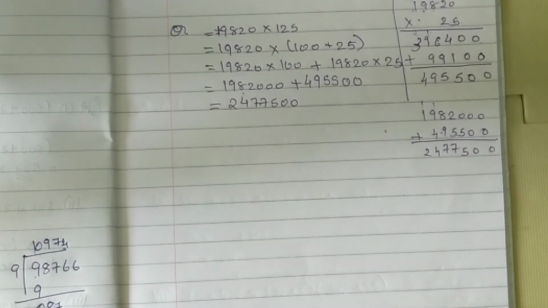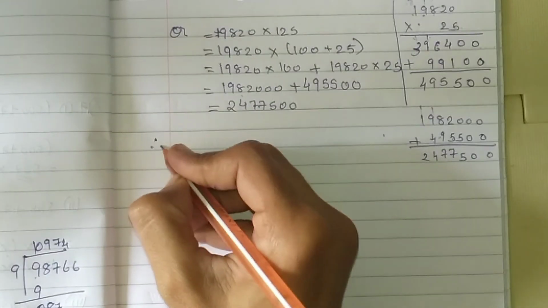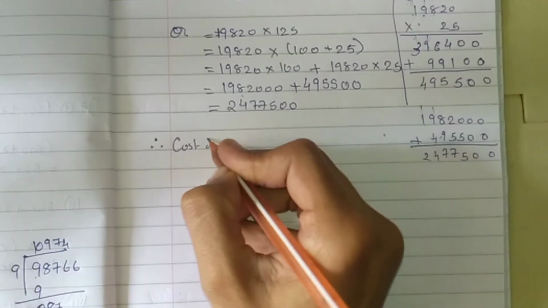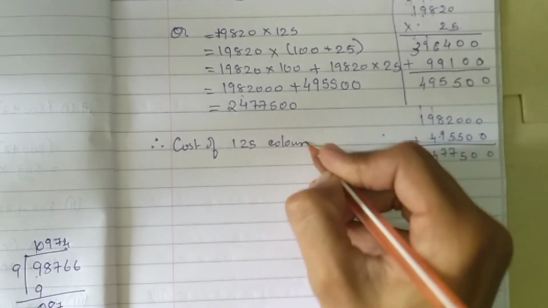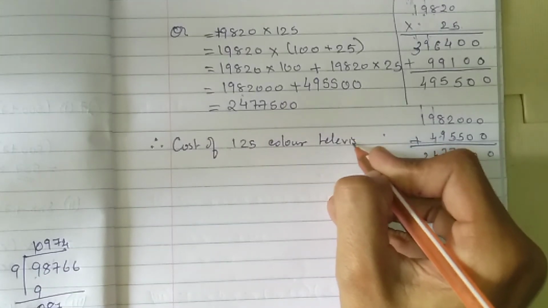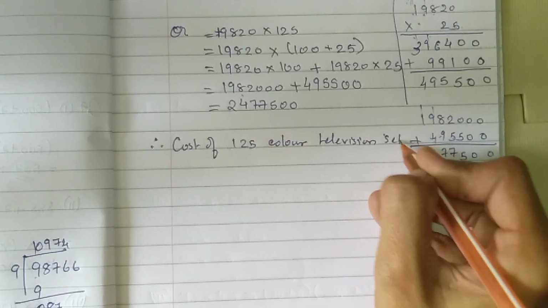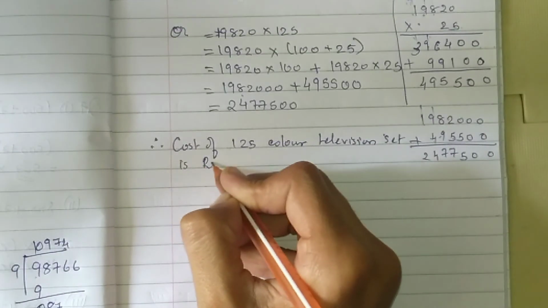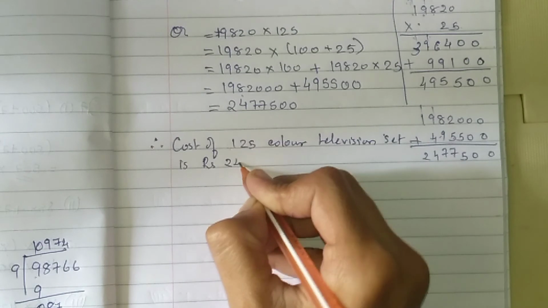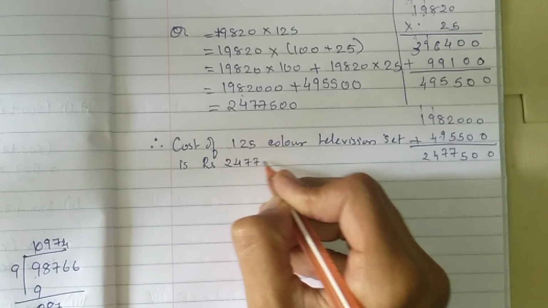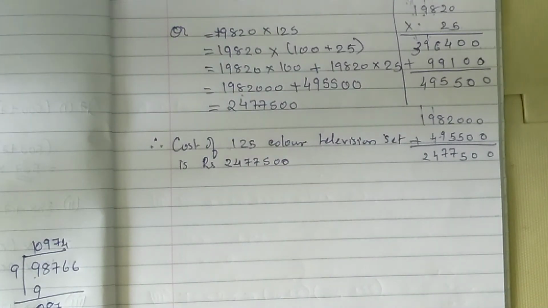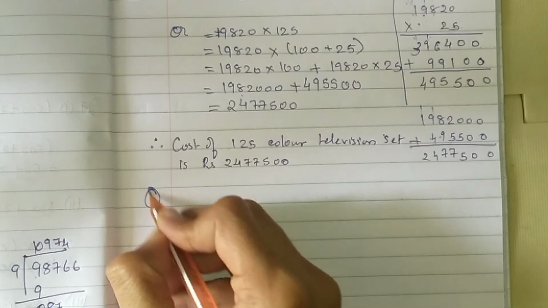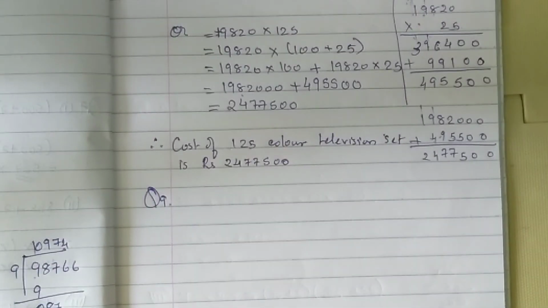Therefore, the cost of 125 color television sets is rupees 2477500. 24,77,500 is your answer. Now do question number 9.